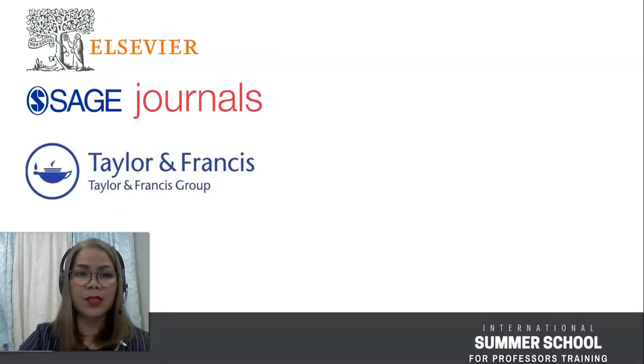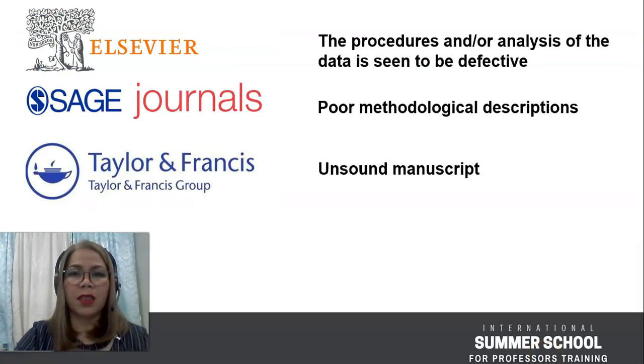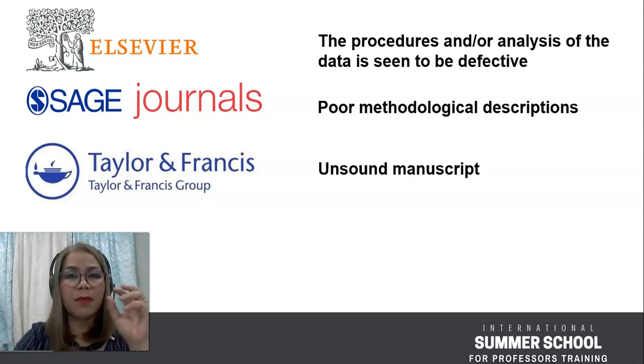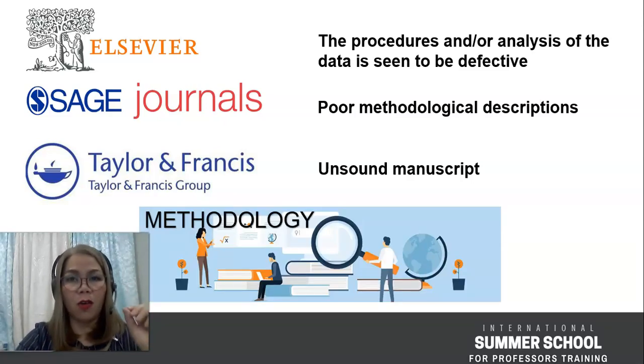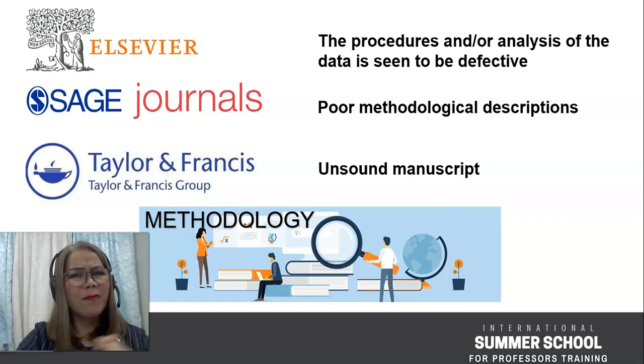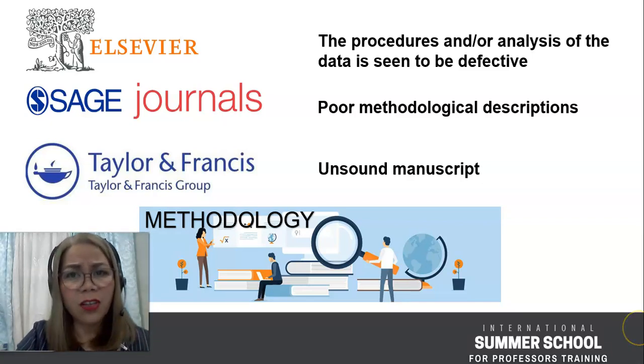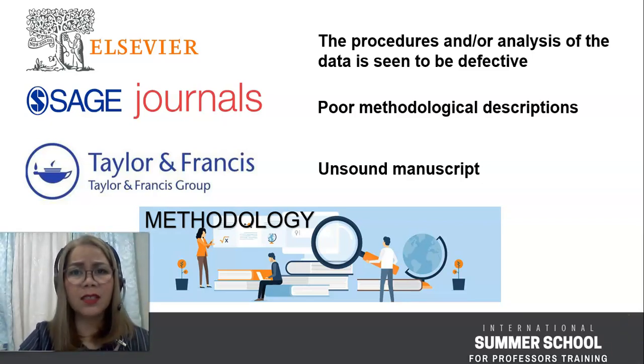In other words, from the three publishers, the common thing there is that the methodology of our paper is not objective, it is not clear, it is not rigorous. Why methodology? The methodology section of our articles is where we establish our expertise in research methods.